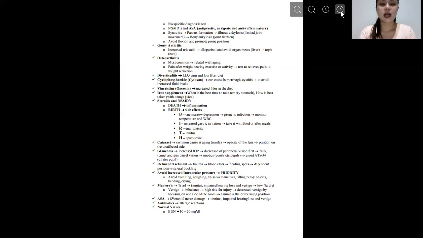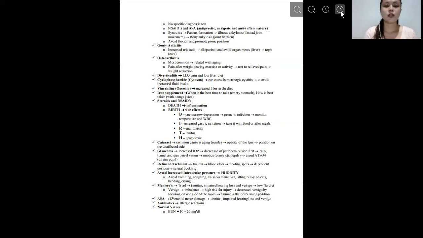Uric acid is normally excreted or removed from the body by the kidney. If there is decreased excretion, it would lead to gouty arthritis. For gouty arthritis, with increased uric acid, give allopurinol and avoid organ meats like liver, because organ meats are particularly high in purines, which increase your uric acid.